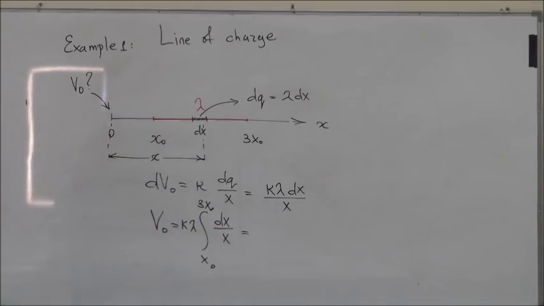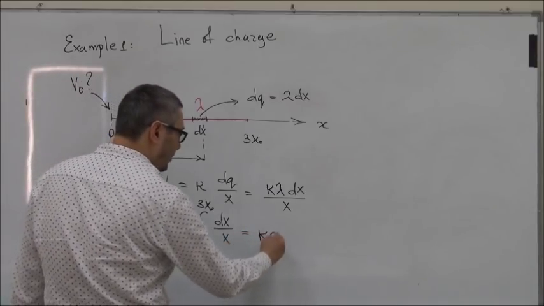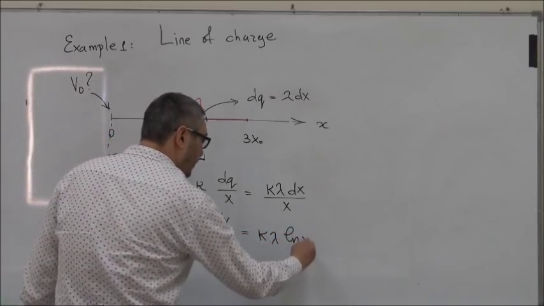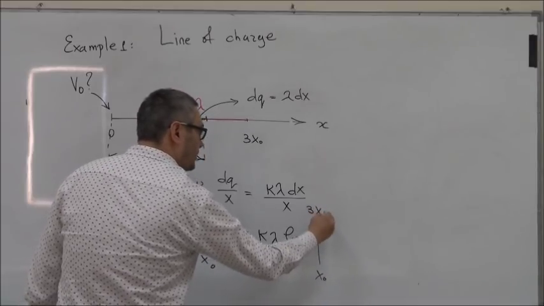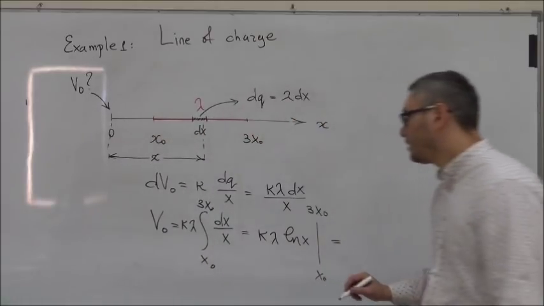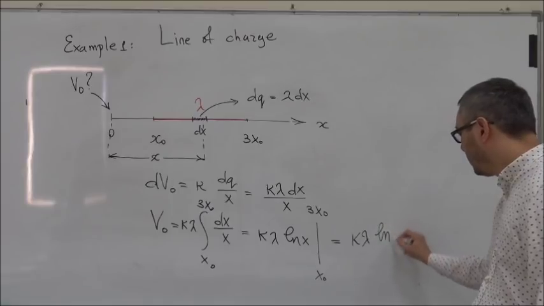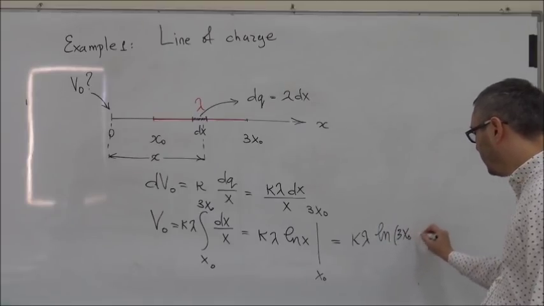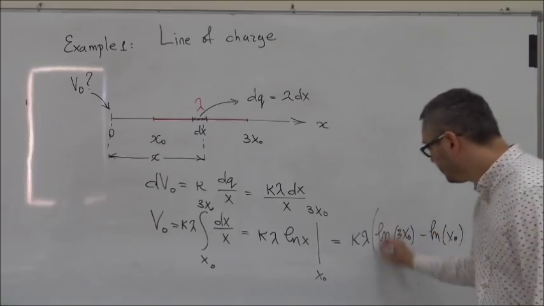Integral of dx over x is a natural log. So you get k lambda log of x from x0 to 3x0. This is equal to k lambda log of 3x0 minus log of x0.